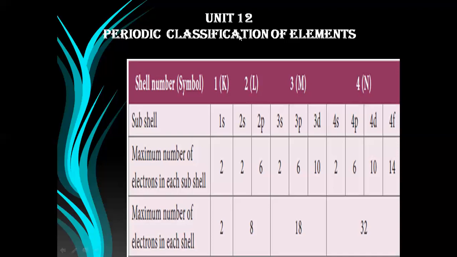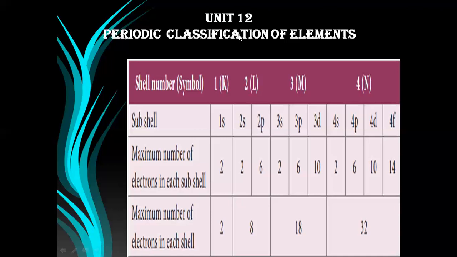There are 4 shells: K shell, L shell, M shell, and N shell. These 4 shells are further divided into subshells: s, p, d, f.